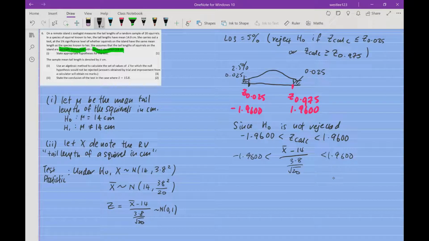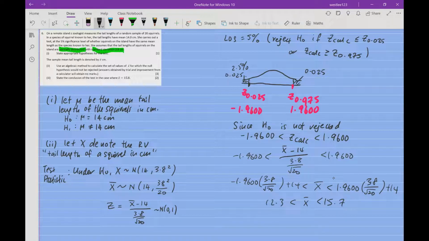You can bring the constants over, multiply the denominator over, then plus 14 on every side. So your x bar is between 12.3 and 15.7. So the set of values is: x bar is a real number such that x bar is between 12.3 and 15.7.